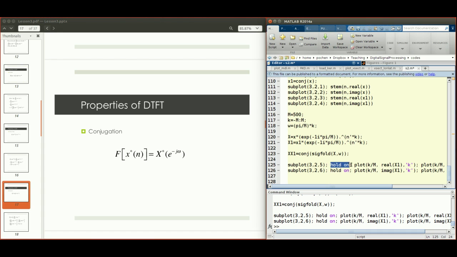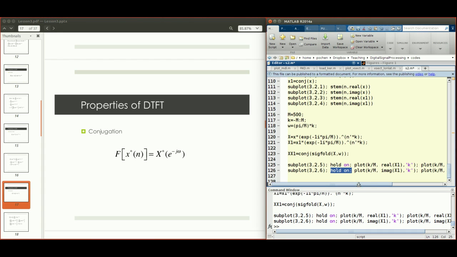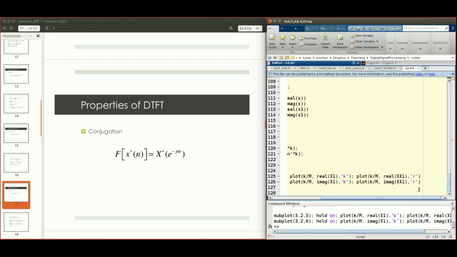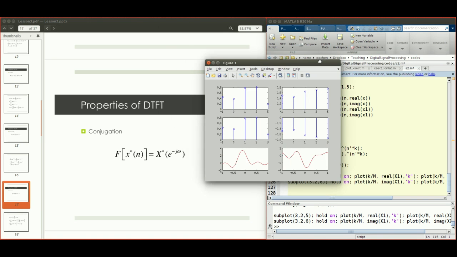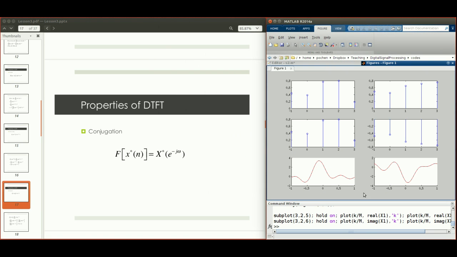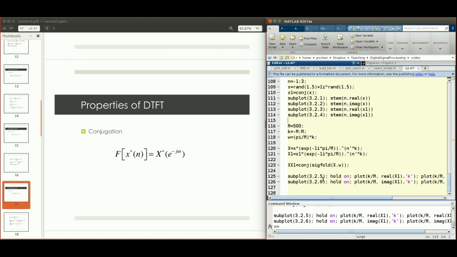We have a hold on here, so maybe I should use a dash line so we can still see the black line in the back. Let me close this figure and redo it, re-executing this part of the code. Right, so here you can see the black line in the back. That shows the conjugation property.